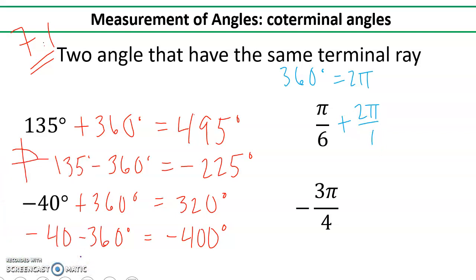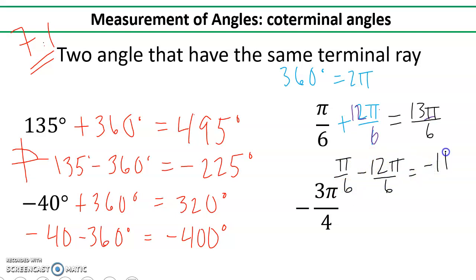My common denominator would be 6, so multiplying top and bottom by 6 would give me 12 pi over 6, and that verifies 12 divided by 6 is 2. So 13 pi over 6 would be one coterminal angle. And then I would take pi over 6 and subtract what I have with the common denominator already. So negative 11 pi over 6.